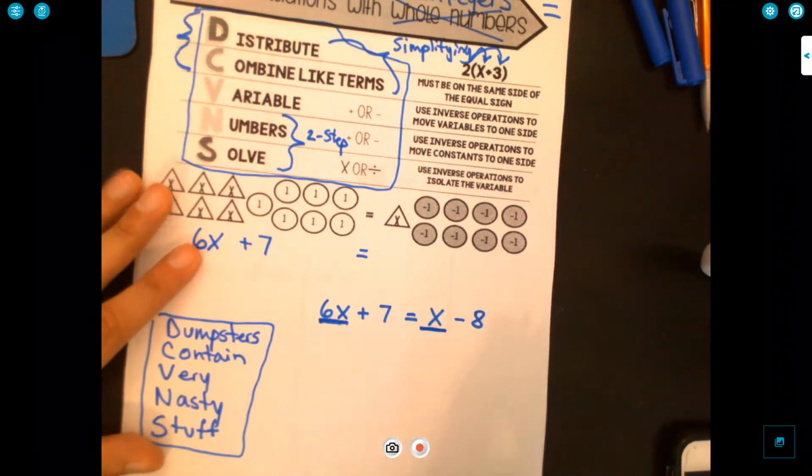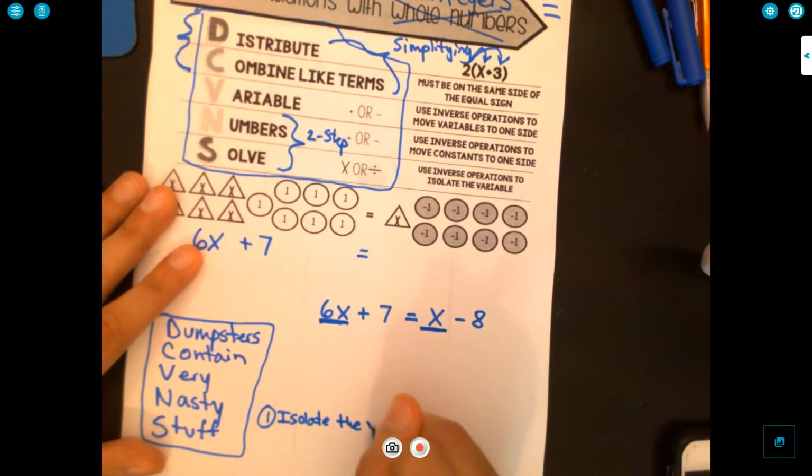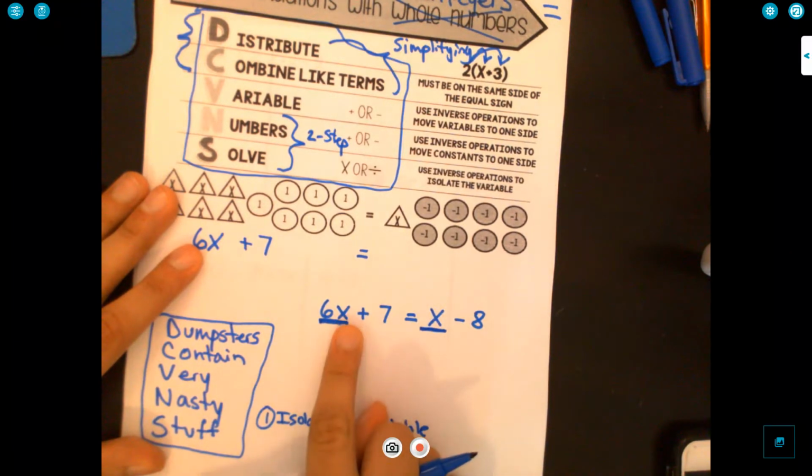And remember, our goal does not change. Our goal is to isolate the variable, which means to get the variable onto one side of the equation by itself, and that's what x equals.